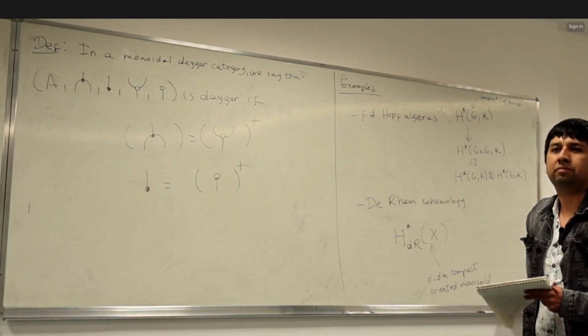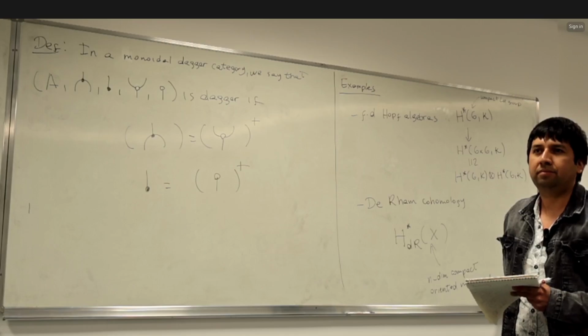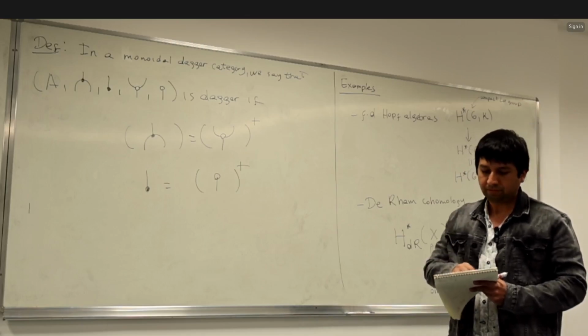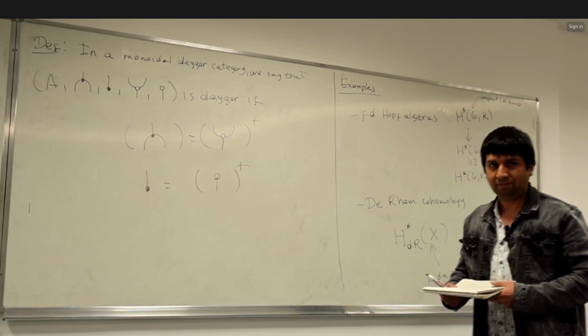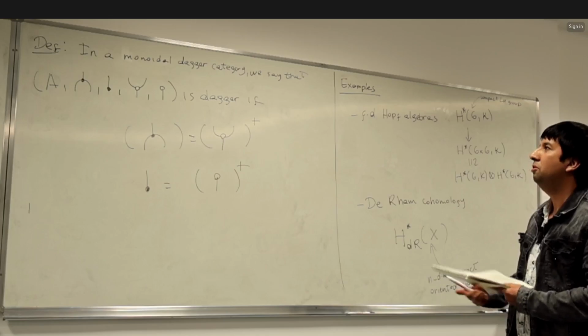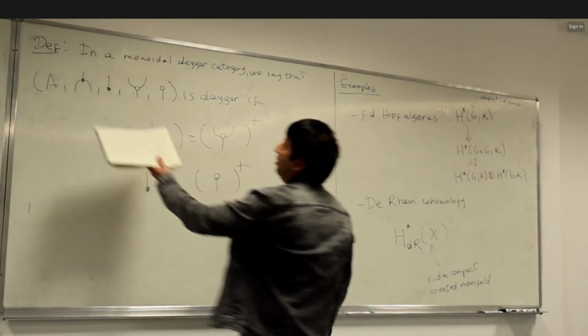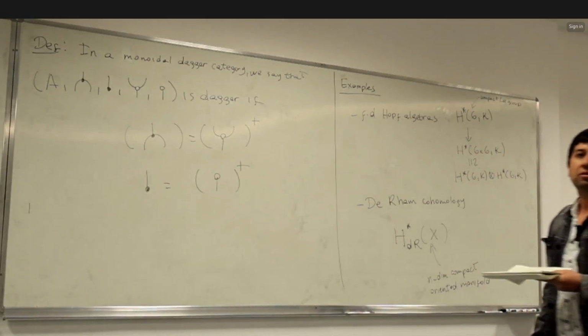So the compatibility is unique. Well, the compatibility is this duality. So at least in monoidal dagger categories, we can concentrate on the monoid structure to give a comonoid structure.